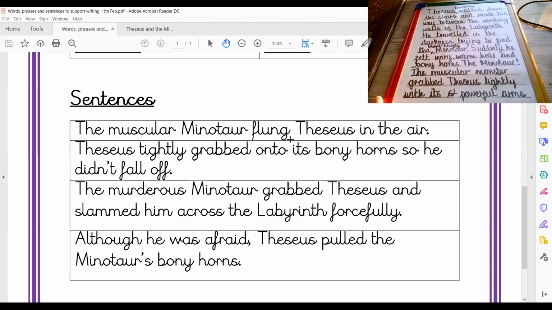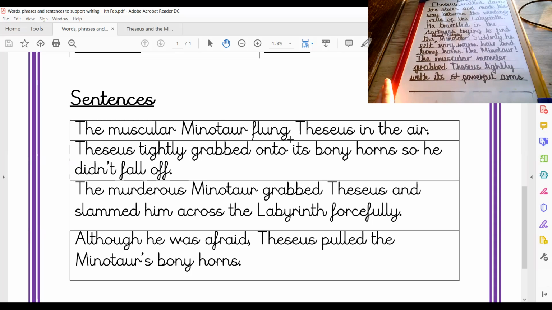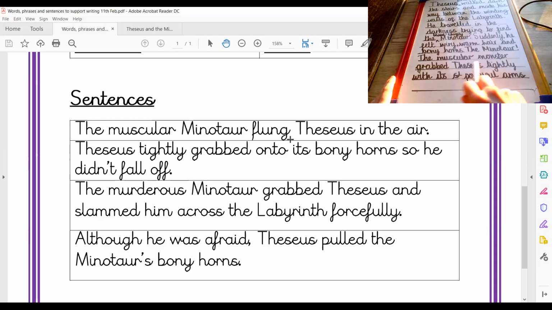Remember, I want to use a complex sentence here. I'm going to describe what Theseus does whilst the monster grabbed him. What subordinating conjunction is used to describe two things that happen at the same time? Who can remember? Well done, whilst. The muscular monster grabbed Theseus tightly with its powerful arms.